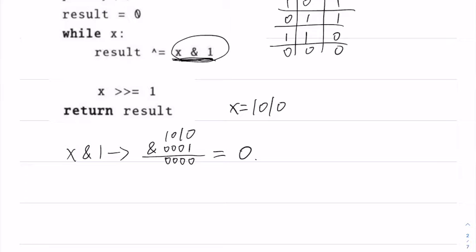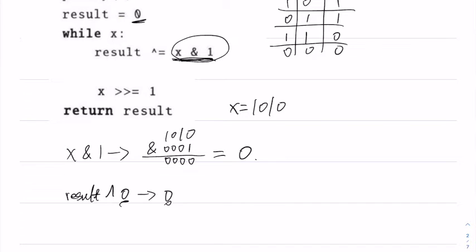The current result is 0 because it is initialized to be 0. So result XOR 0 gives us 0, because XOR only gives us 1 if the two are different. The result is 0, and the right-hand side is also 0, so it gives us 0.